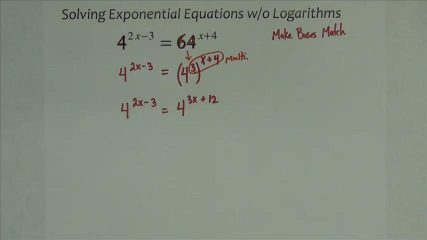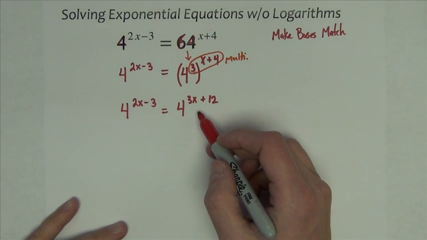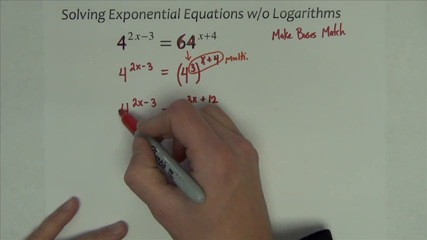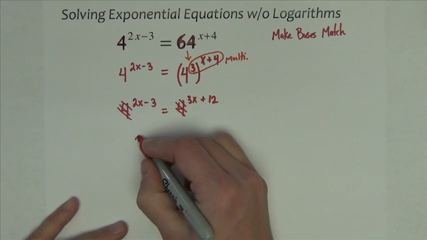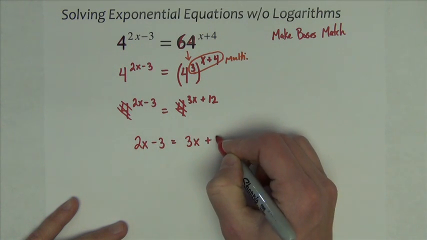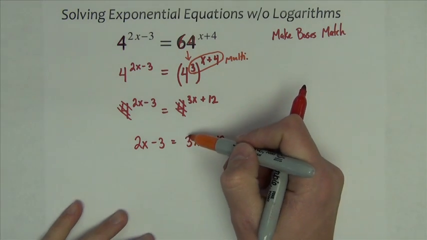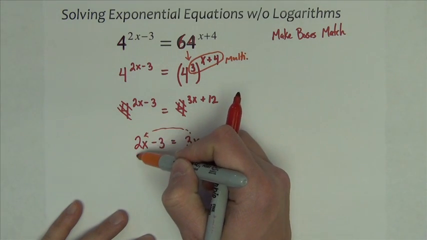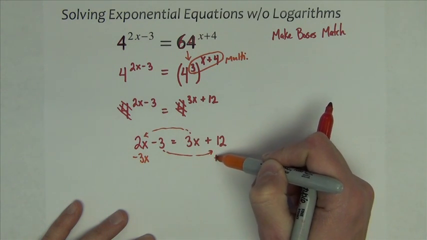Once the bases are the same, that means the exponents above those bases are also the same. So at this point, I just ignore the bases, and I set the exponent 2x minus 3 equal to the exponent 3x plus 12, and we solve this equation for x. I'm going to take this 3x over here by subtracting 3x, and take this minus 3 to this side by adding 3.